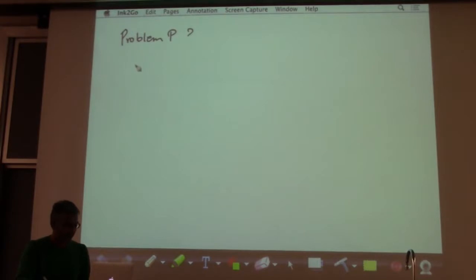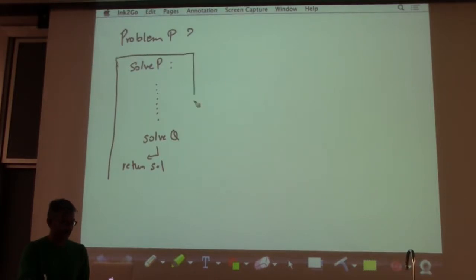I have some kind of subroutine, Solve P. Then I do a bunch of code, and inside that code I invoke Solve Q, and then I get the output of Q. This gives me some answer, and I can return a solution to P.